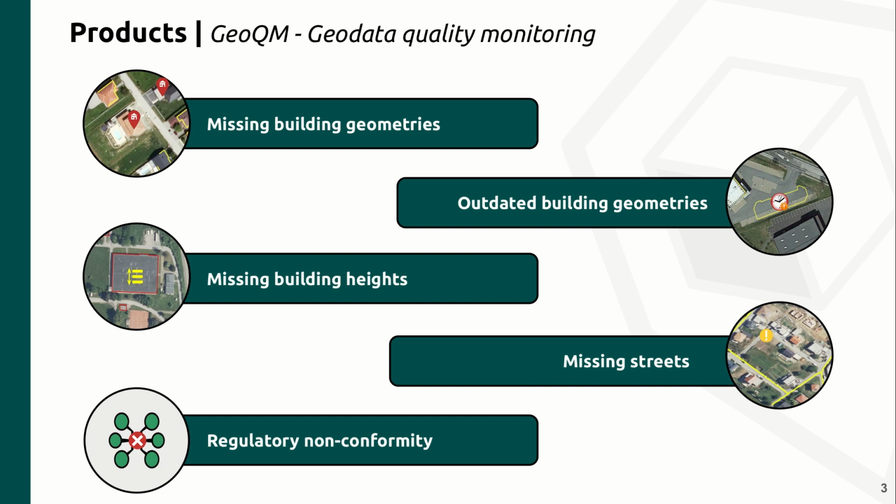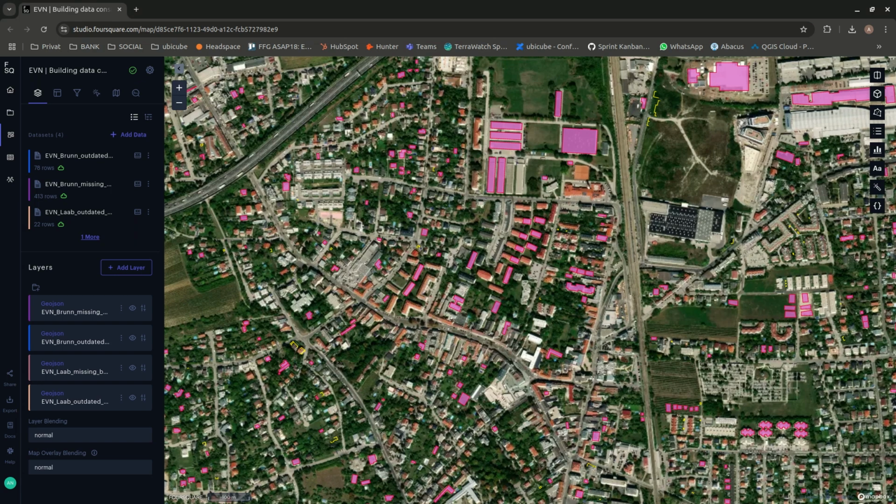In case the height information is not there in their system, we can also add that to the database. Another use case is to detect missing streets in the data of our clients. And we are also keeping an eye on the regulatory conformity of the data in terms of geodata standards. But let me show you an example of results.